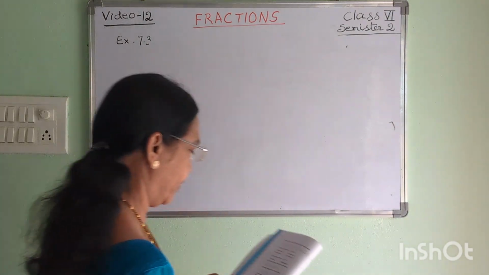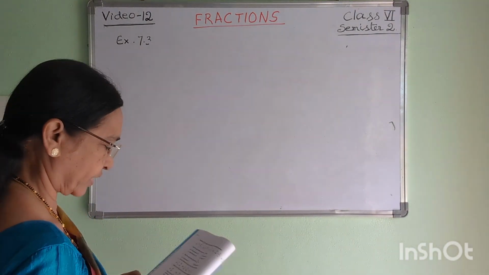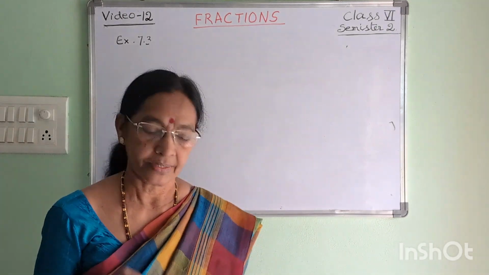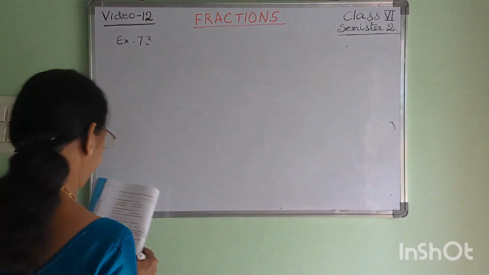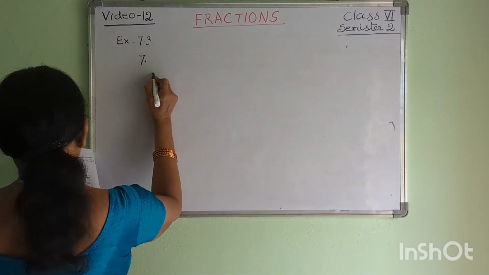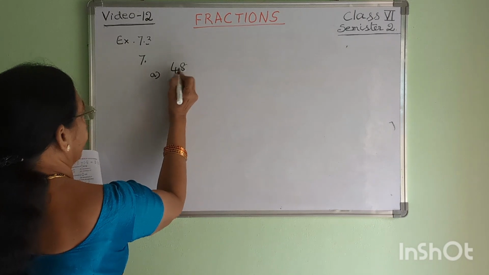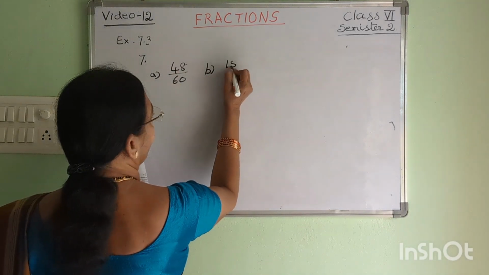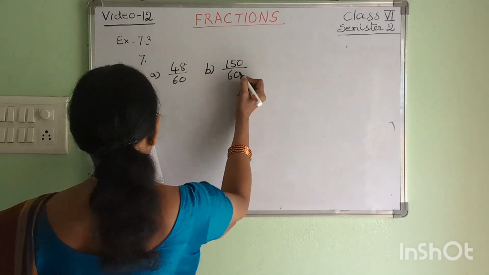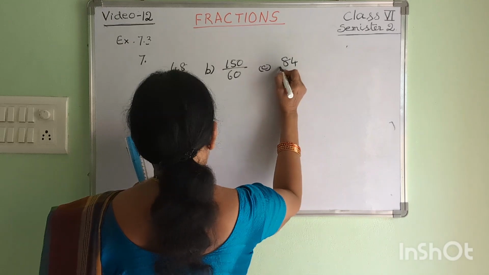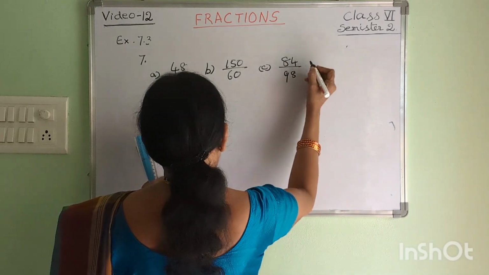In the 7th problem, reduce the following fractions into their simplest form. Number 1, 48 by 60. Number 2, 150 by 60. Number 3, 84 by 98.